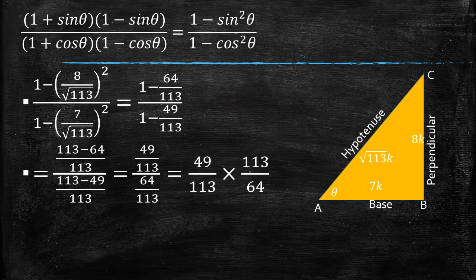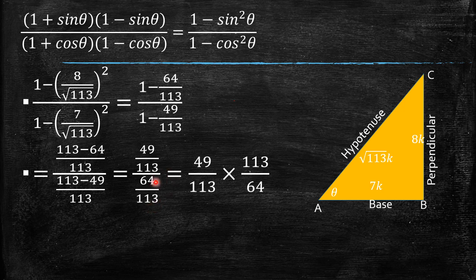First of all, solve the upper part. LCM will be 113. You get 113 minus 64. Now the lower part, again LCM 113. You get 113 minus 49. By solving this, you get 49 upon 113 upon 64 upon 113.